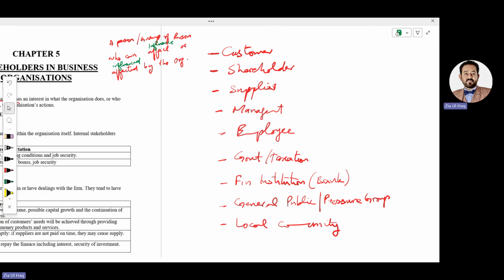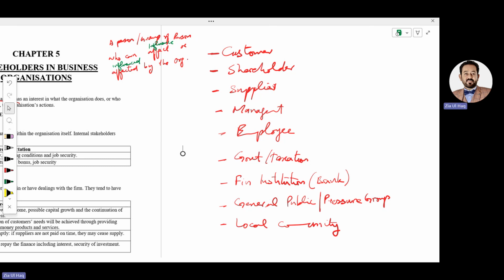Why are we studying these stakeholders? If we are going to manage our business, we need to consider the best for all the stakeholders in making decisions. While making decisions, we shouldn't consider only the best for ourselves. No, we need to consider the best for all the stakeholders.